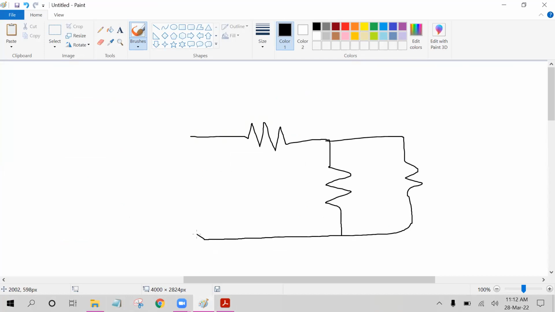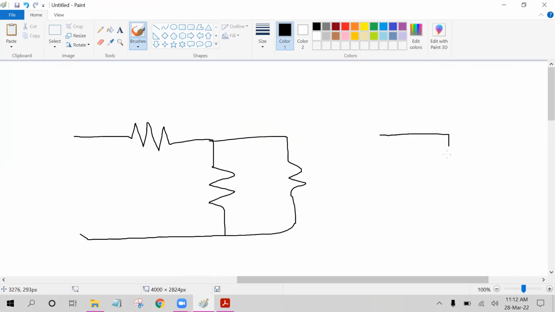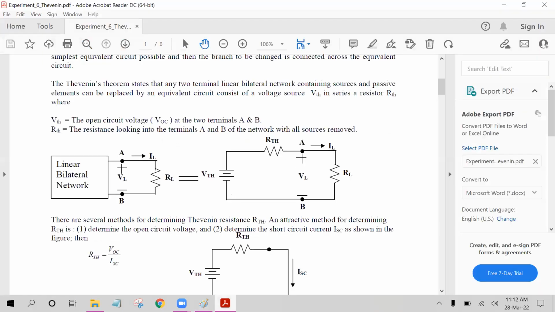We know that using the series parallel relationship, we can replace this whole circuit using just one resistor, which we call equivalent resistance, right? We all can calculate the equivalent resistance, right? In a similar manner, the Thevenin's theorem helps us to replace a particular portion of a circuit with an equivalent circuit.